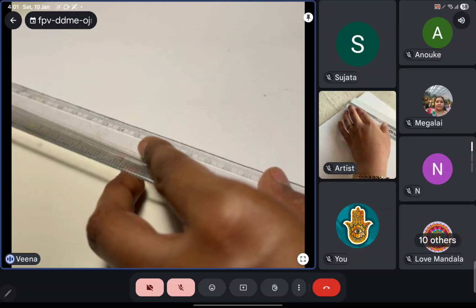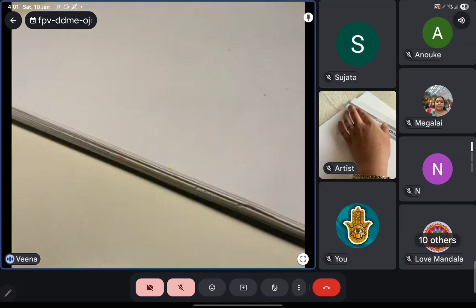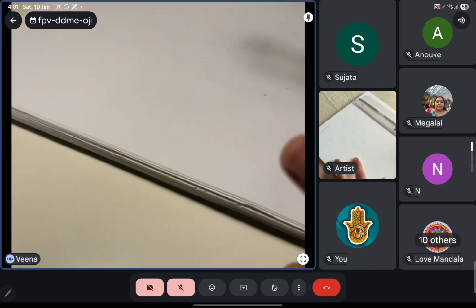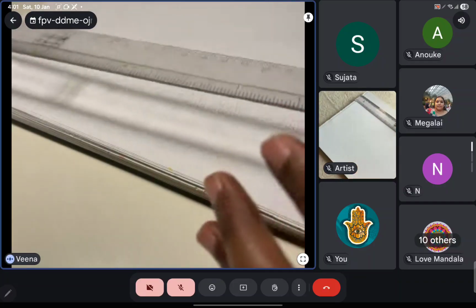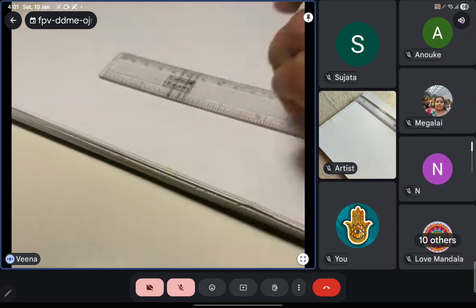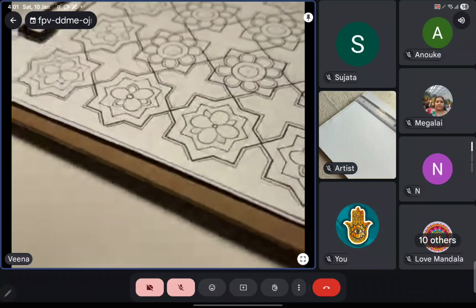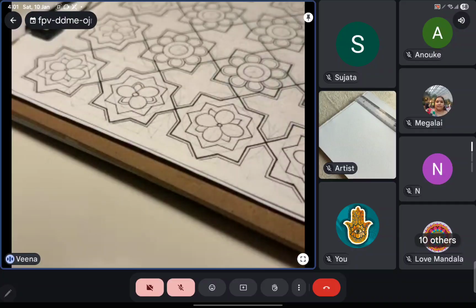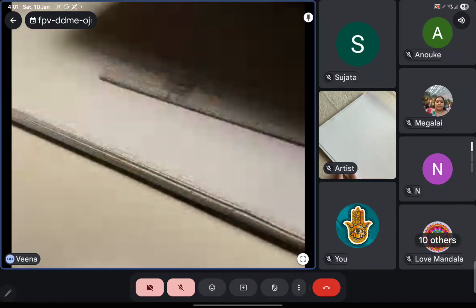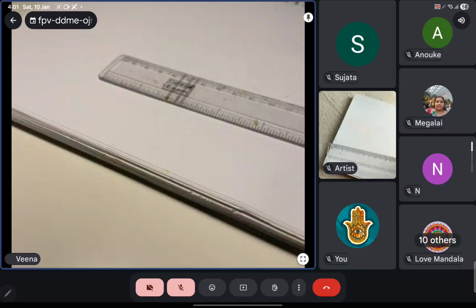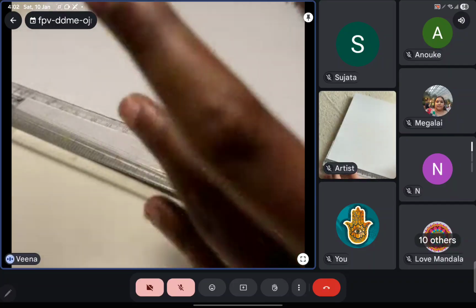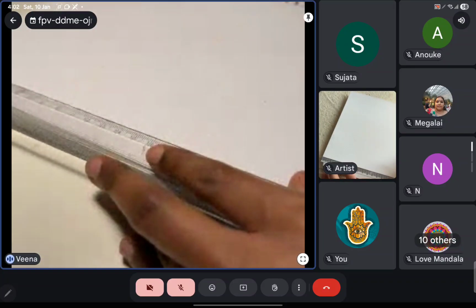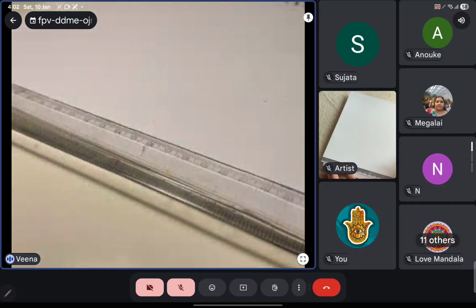Each of the squares we're going to construct is about 5 centimeters, and we'll be doing 5 squares, 1, 2, 3, 4, 5. So 25 centimeters is what we need. Whatever the length you have, 29.7 minus 25, that needs to go.